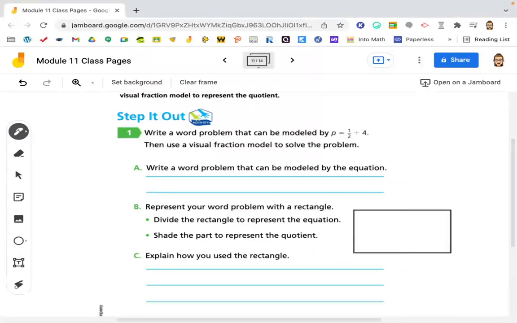So we could say, 4 friends share 1/2 of a casserole equally.